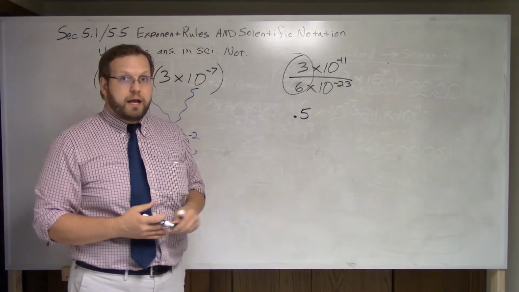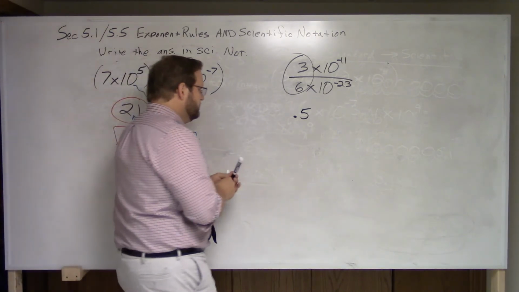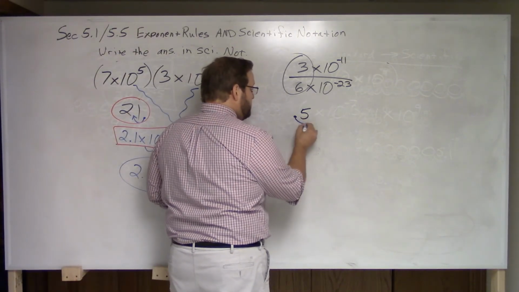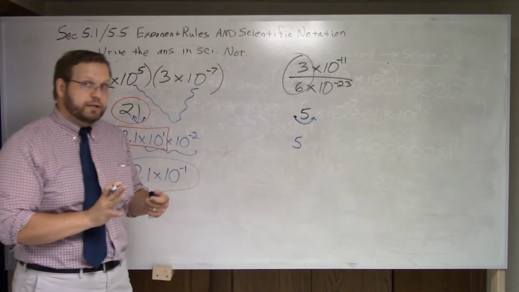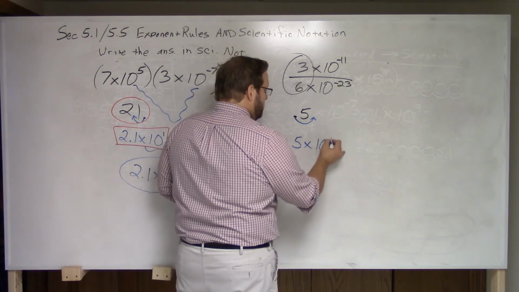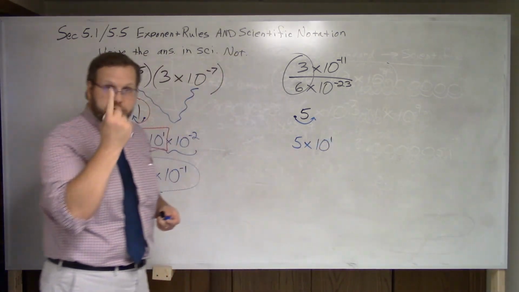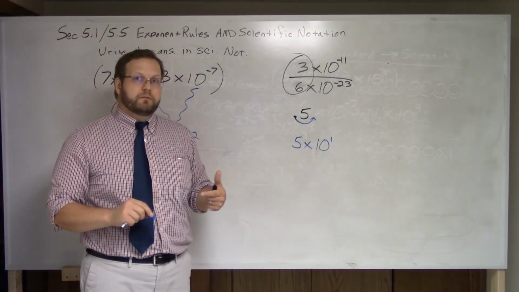Now, is that okay? No, it's too small. So I need to make that bigger. So what I'm going to do is I'm going to bring this back 1 to make it a nice clean 5. That's between 1 and 10. Now I multiply by 10 to the first because I moved it 1 spot. Now, should I leave it positive or turn it negative? Think about it.